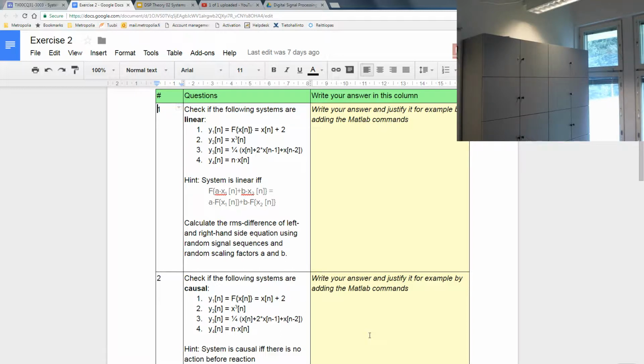So if you have two input signals, I will call them x1 and x2, it doesn't really matter what I call them.